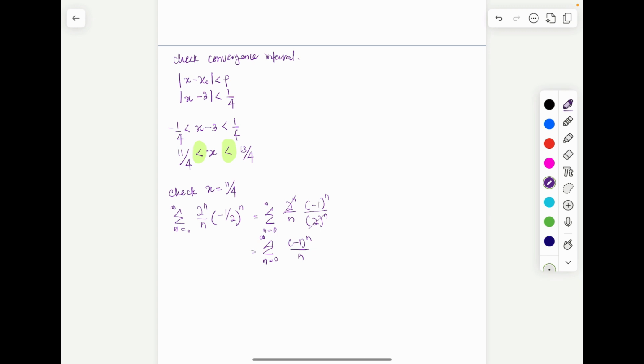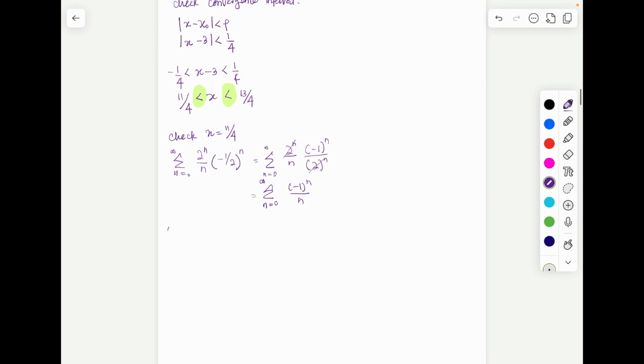Looking at this, you know that you can apply the alternating series test, which means your bn is 1 over n. First, you want to check that it is decreasing. I let it be a function, 1 over x.